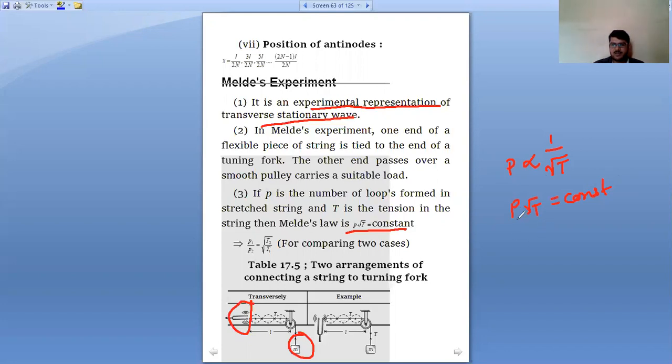P1 into root T1 is equal to P2 into root T2 is equal to constant. So therefore, if I transfer this here, then P1 by P2 is equal to root T2 by root T1. This is your Melde's law. Yes, understood? Okay.